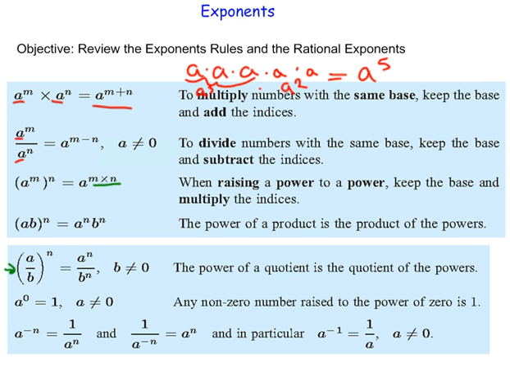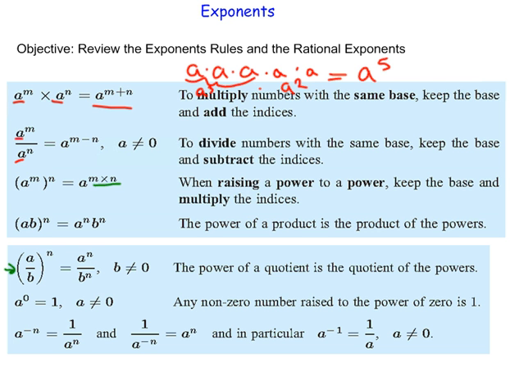A to the power of negative n is 1 over a to the n. So remember, negative powers do not make anything negative, they just reciprocate, which means if, for example, here we've got this a in the numerator, right? This is a over 1, essentially. So if it's in the numerator, it'll move down to the denominator, like you can see here, and it becomes positive, that power then.